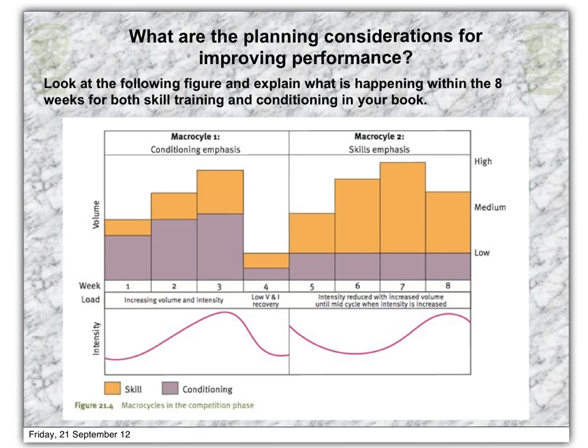You will look at the orange being the skill, the purple or maroon being the conditioning. You can see increases and decreases in intensity. This aspect here will be interesting for you to have some analysis of.